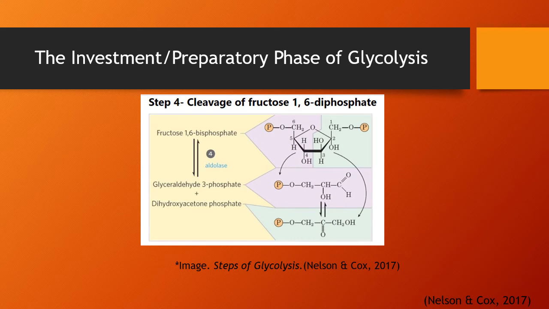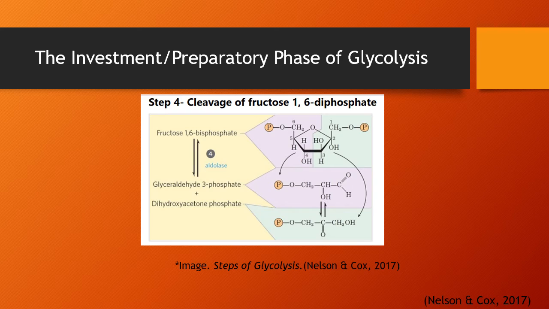In step 4, aldolase, which is short for fructose 1,6-bisphosphate aldolase, initiates the lysis, that splitting portion of glycolysis, which is a reaction that results in fructose 1,6-bisphosphate being cleaved into 2 3-carbon molecules.